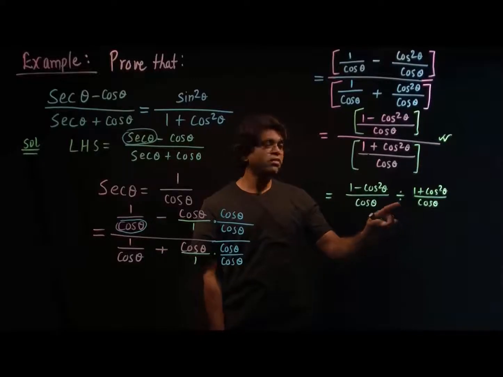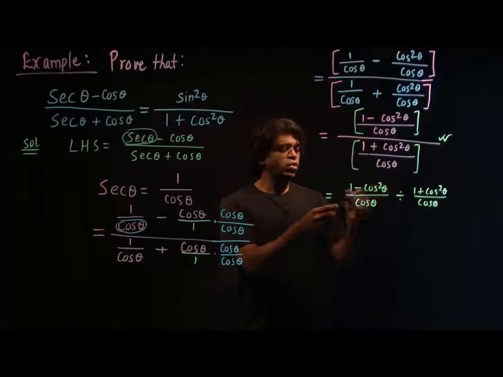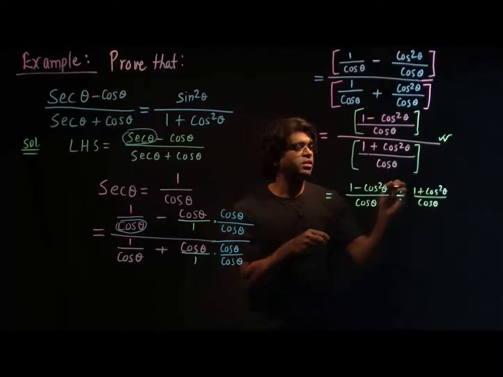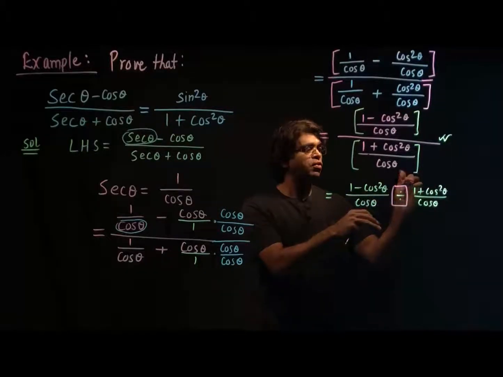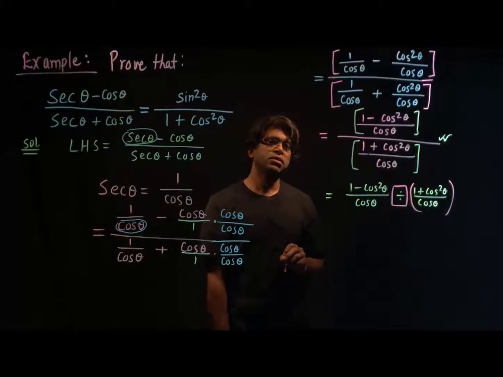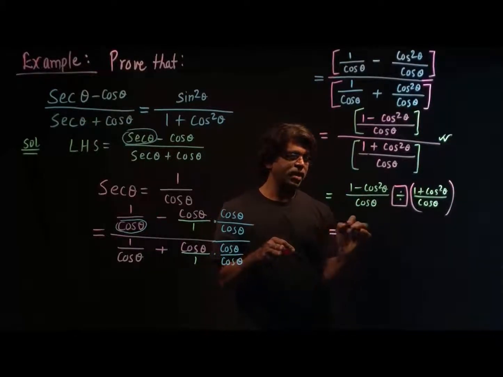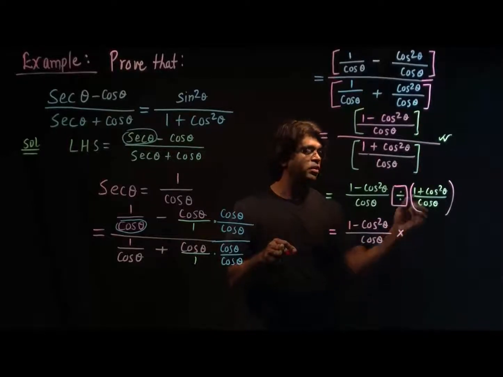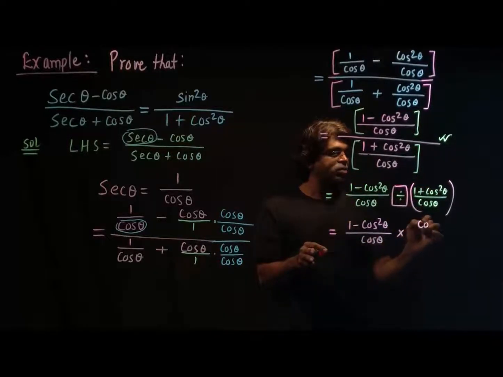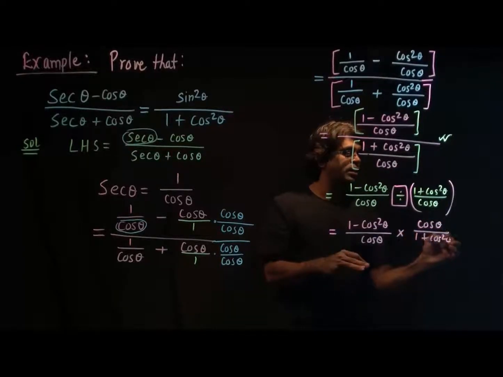Now, the inverse of division is multiplication. If I want to convert this division into multiplication, I need to flip this expression. So I will write 1 minus cosine square theta over cosine theta, times, flipping it, cosine theta over 1 plus cosine square theta.